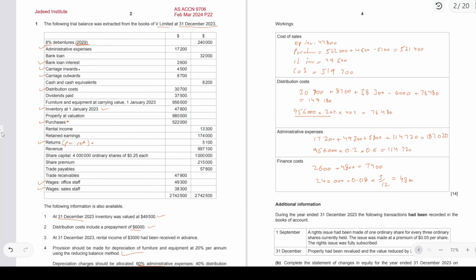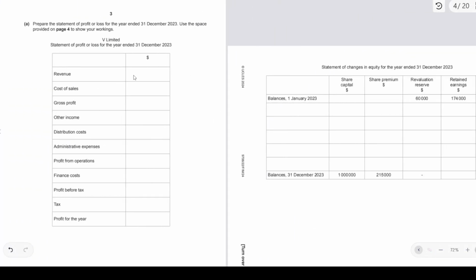Let's put things into the income statement now. So revenue, we do not have any returns. They just tricked you here. They didn't tell you whether it's purchase or sales return, but we figured out it's purchase return. So we're going to put revenue as it is, 997,100.